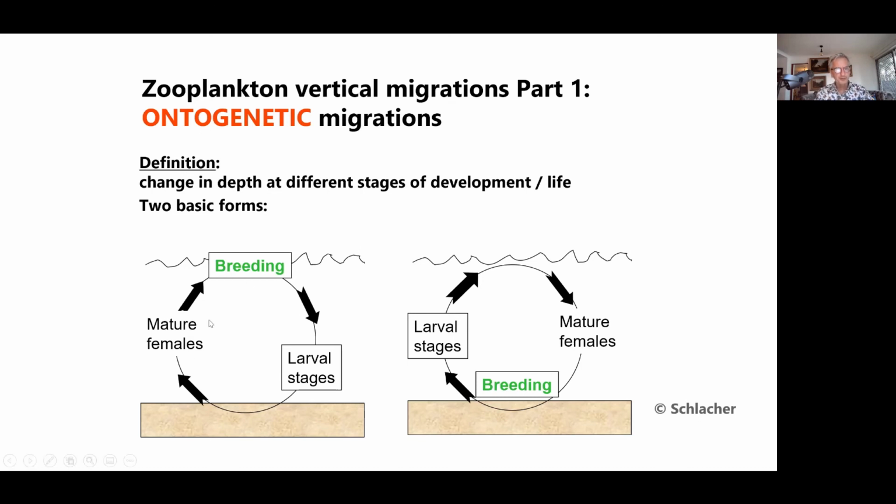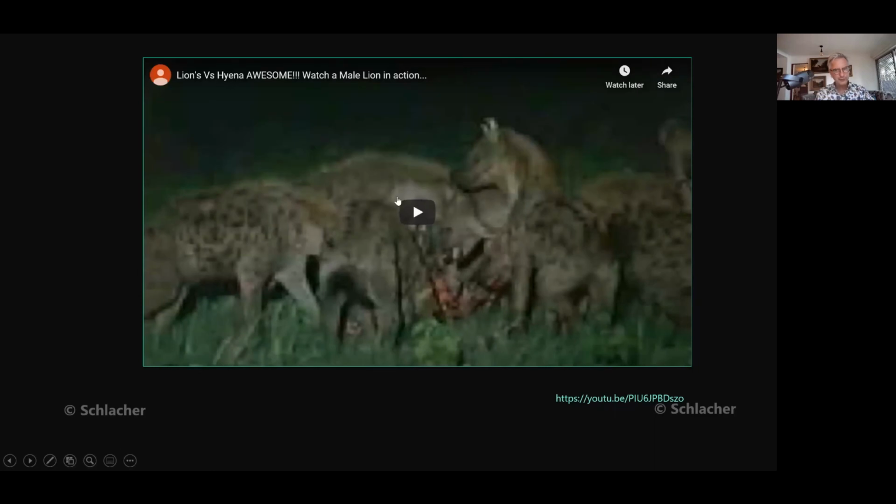The first one is they have cycles where the mature females move to the top of the ocean, the surface. They breed there, and the larval stages go to the bottom of the ocean where it's dark, they mature, and then they develop into mature females again. And the other one is the reverse of that cycle. However, what's going on there? It is the second behavior which is much more intriguing and widespread.